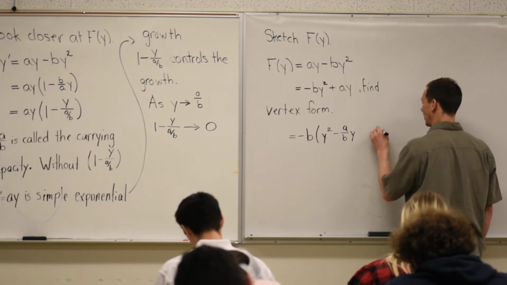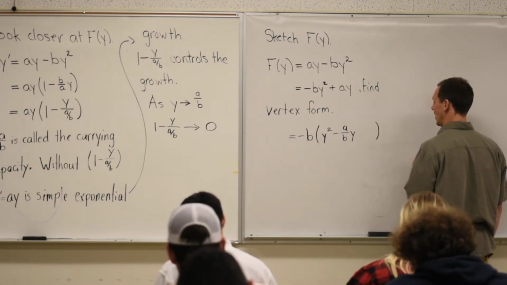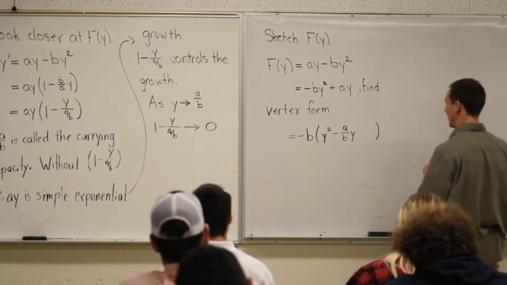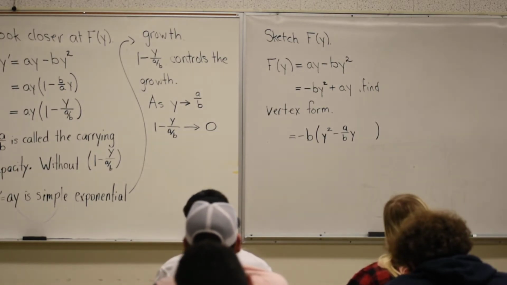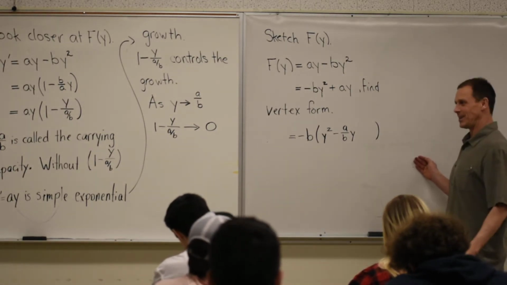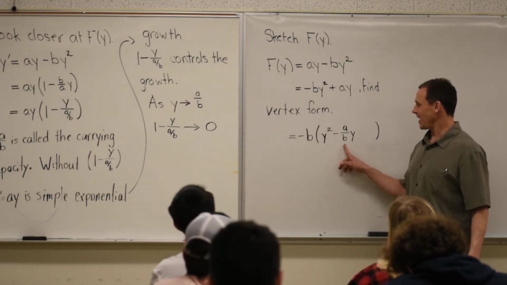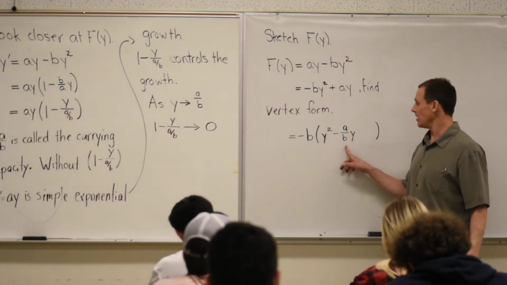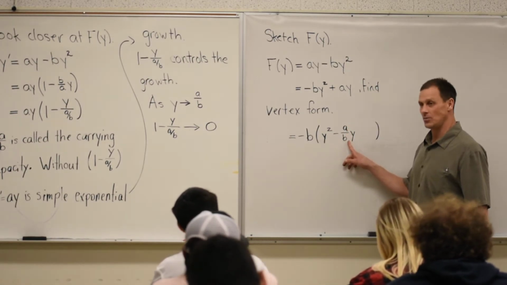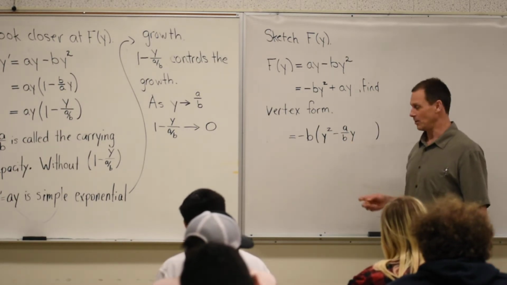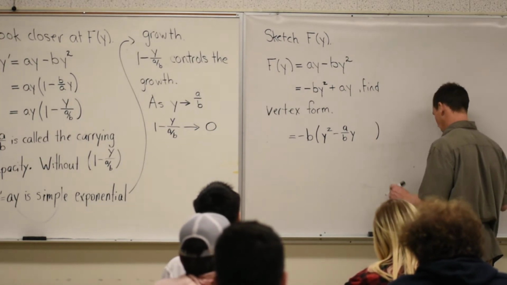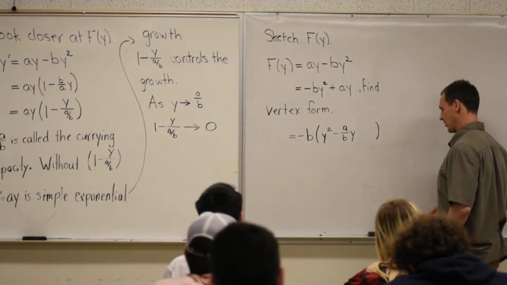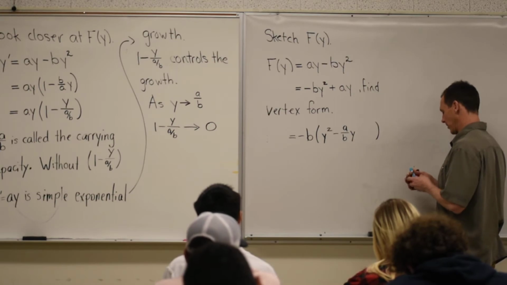And it creates a big space, and then we have to mess with it. Oh, this is always the exciting part. So remember, we complete the square here. So we take half of a over b, so we get a over 2b, and we square it. Put the result right here.